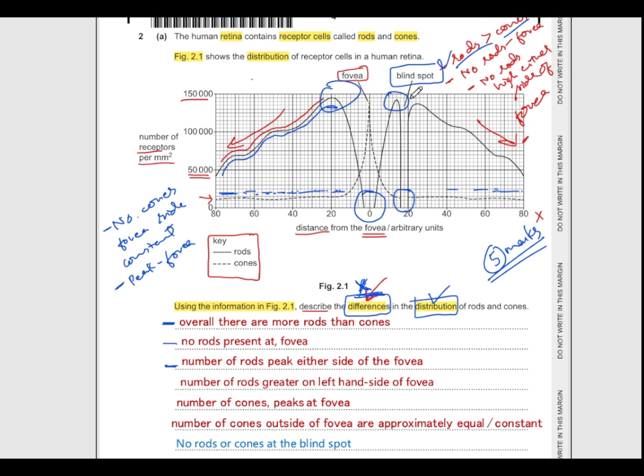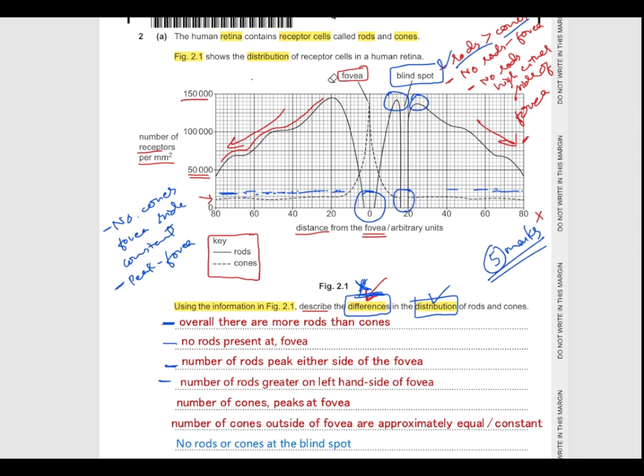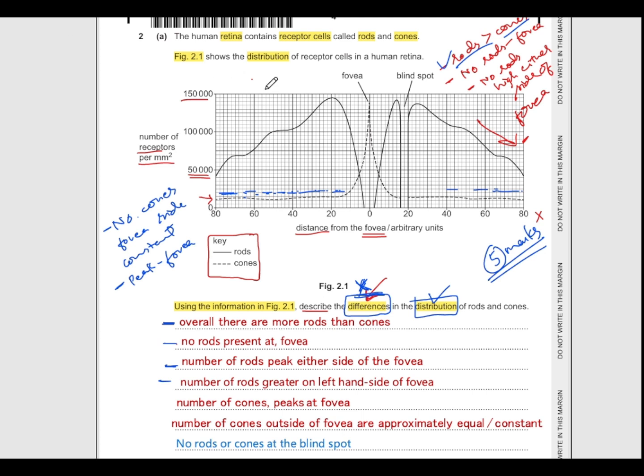The number of rods is greater on the left side of the fovea. If we see over here, this is the highest number of rods present anywhere on the graph.